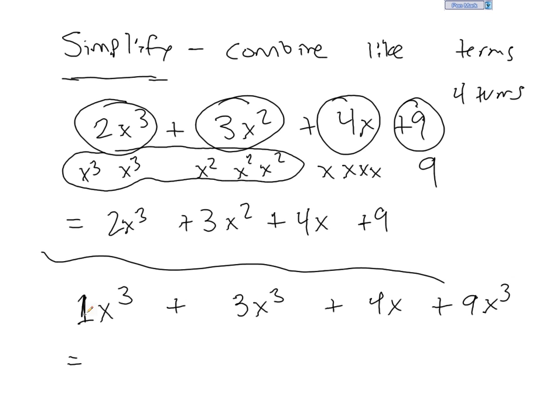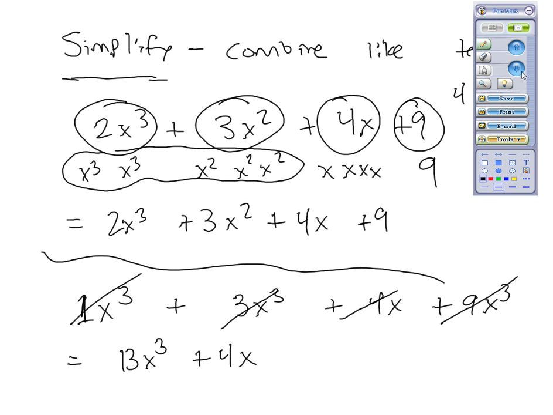So how many x to the thirds do I have? Well, I have 1 plus 3 plus 9, which is 13 x to the thirds, and I have 4 x's, and I can't combine those with x to the thirds because it's like adding apples and oranges, and that just doesn't make sense to say I have 17. Well, you can say pieces of fruit, but we don't really want to do that. We don't want to make things homogenized, make them the same.